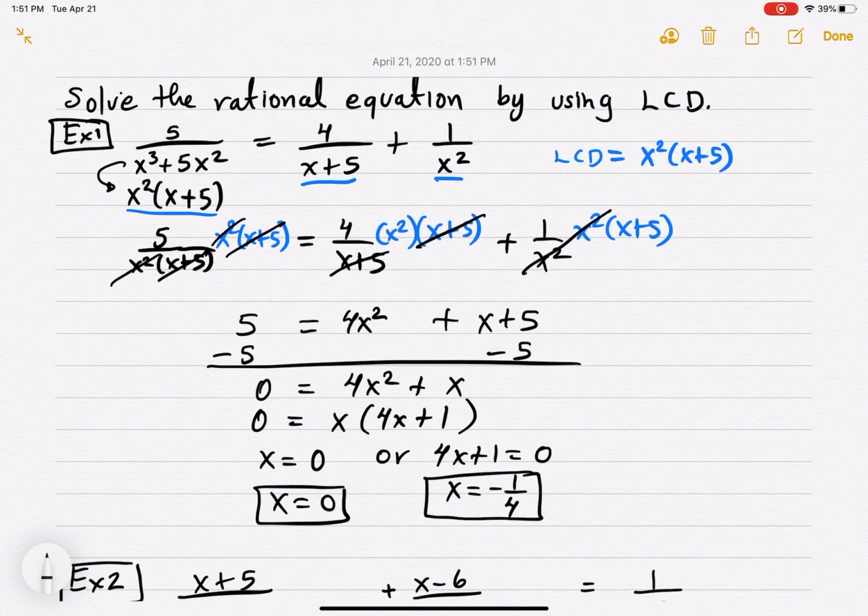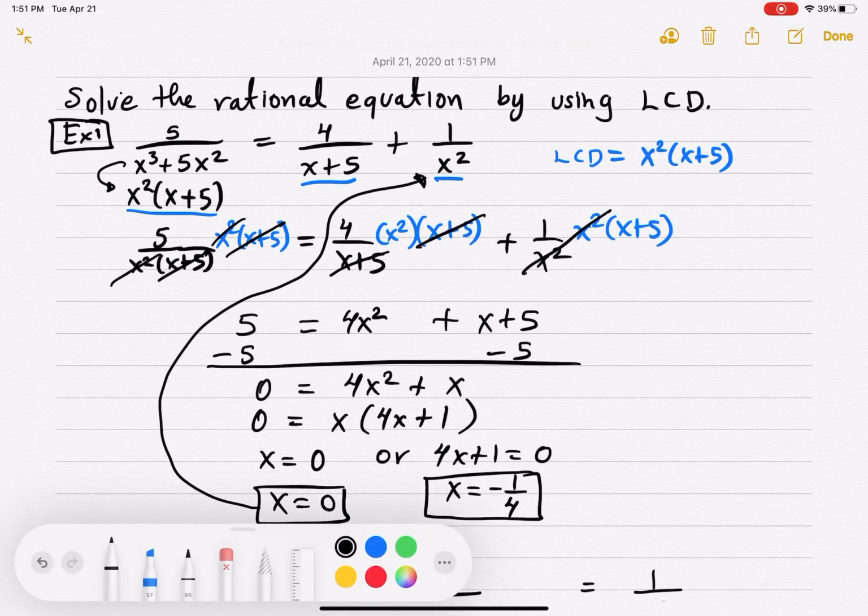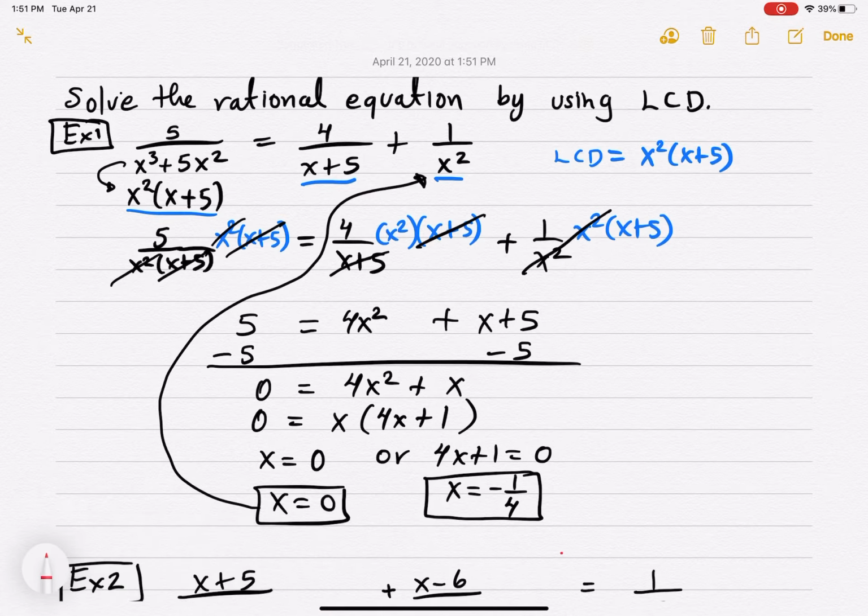Are we allowed to substitute 0 in the original problem? The answer is no. When that's the case, we say that 0 looks like it's a solution, but it's not really a solution. We cross it out and call it extraneous, because that's what we call them, extraneous solutions. And so the only answer here is x equal to negative 1/4.